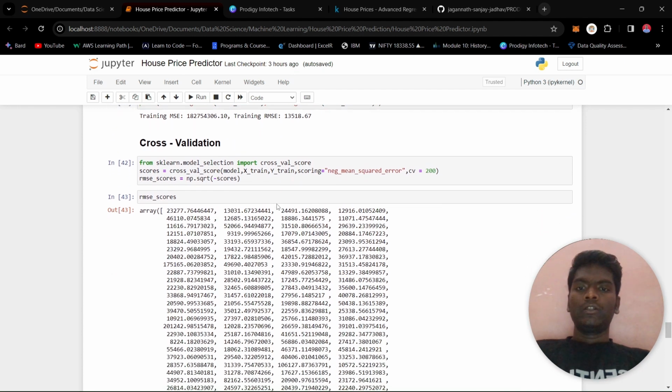So what I did was cross validation after that. What is cross validation? Breaking your data set into, let's say, 10 different parts. The model will keep the first part for testing and train on the rest of the parts.